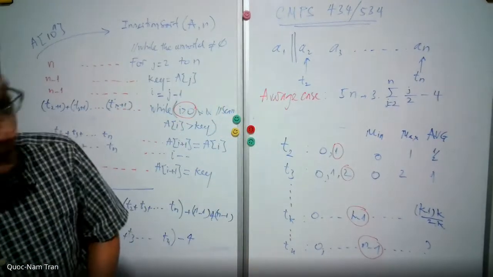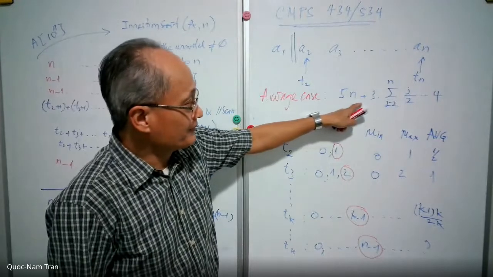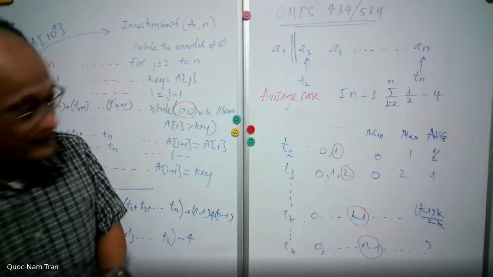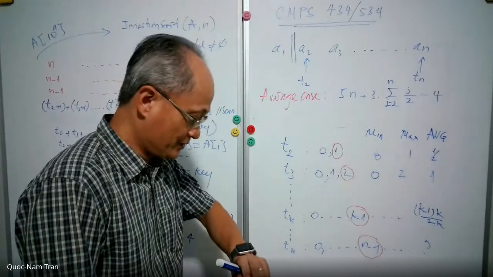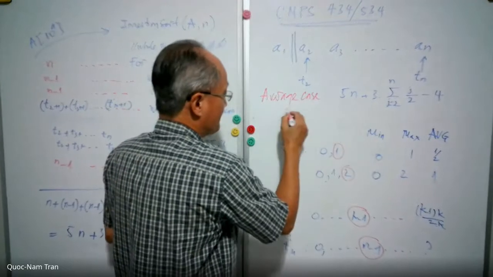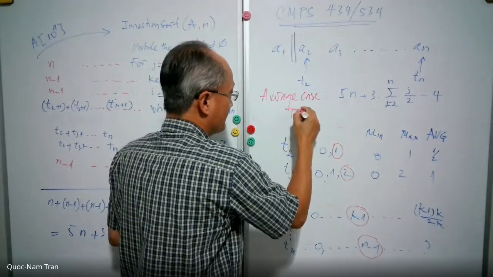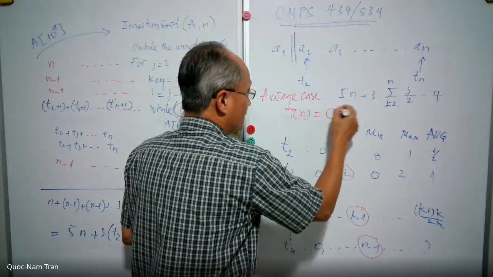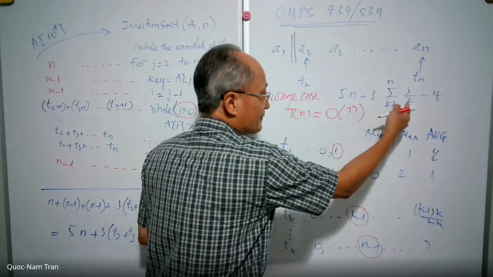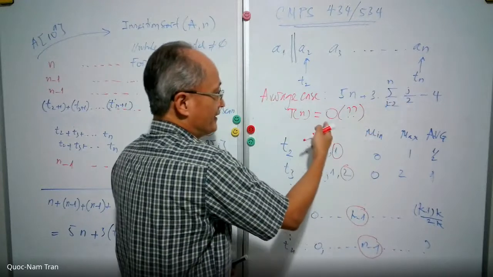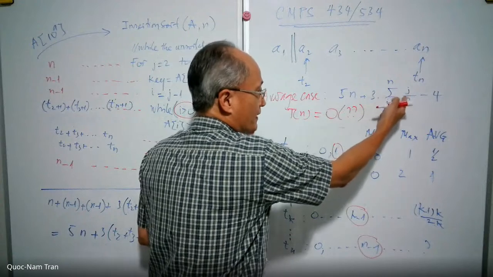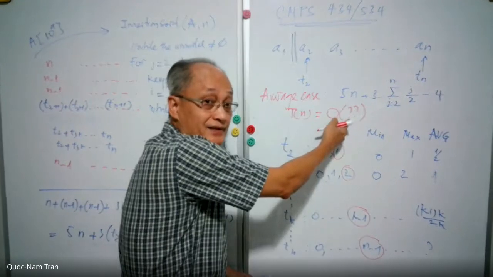Okay? Now, what is this value? Can someone tell me? I'll give you 2 minutes, okay? So what is the T_n here in terms of big O of what? We know the formula. We have a sum, and I want you to write down the sum, simplify that, and give me the result.